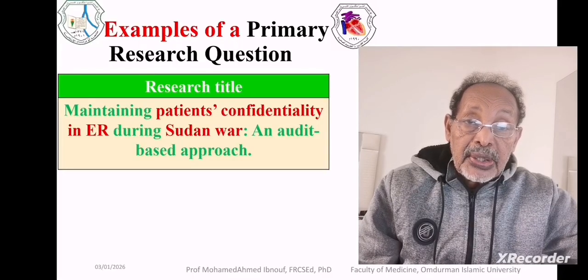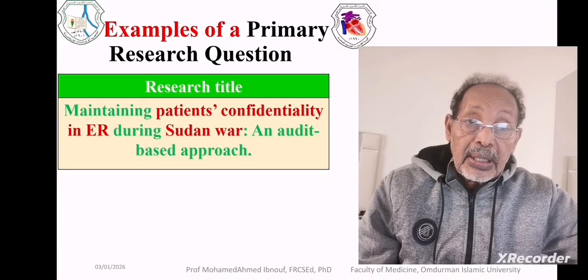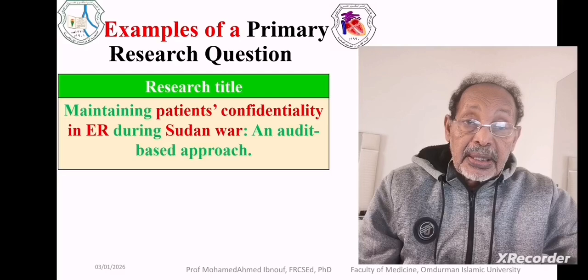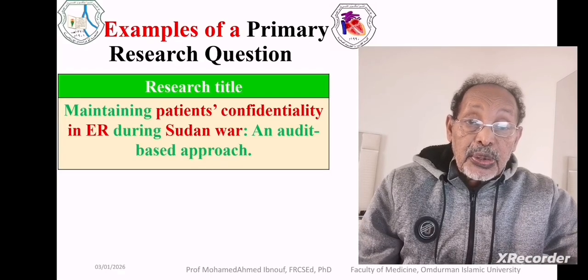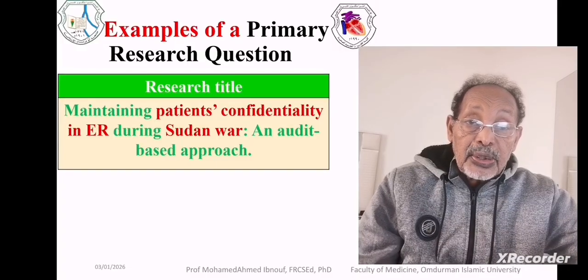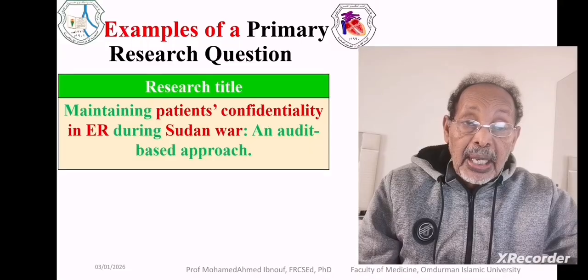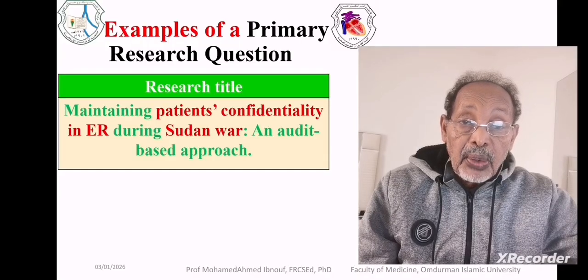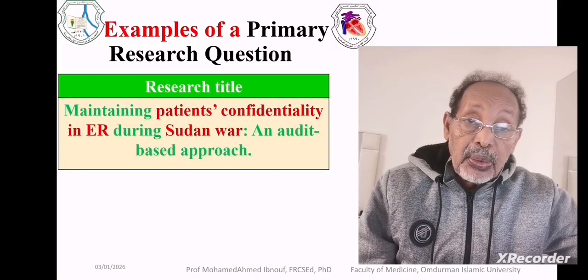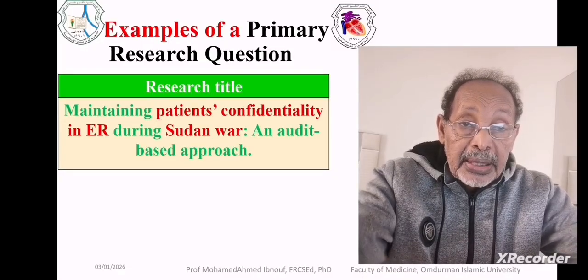If we look at this title, it shows us the patients, and it shows us the subject, that is patient confidentiality in emergency room, and it shows us the place, the emergency room, and it shows us the concept, which is the Sudan War, and the methodology, which is an audit-based approach. So it is a concise title, it is a good title.